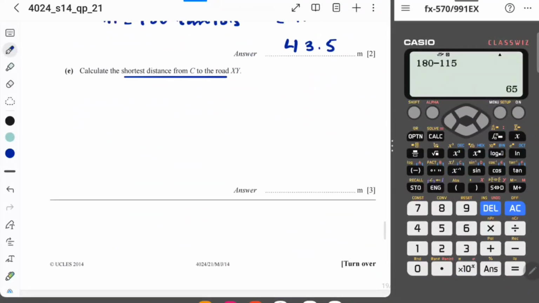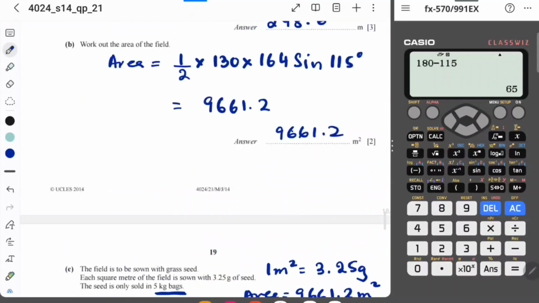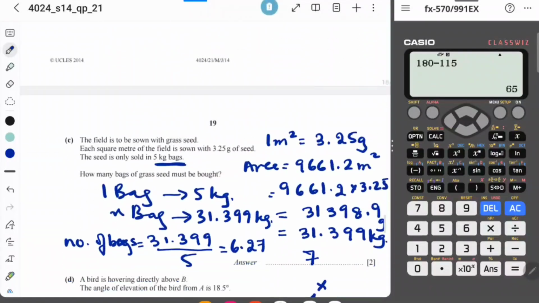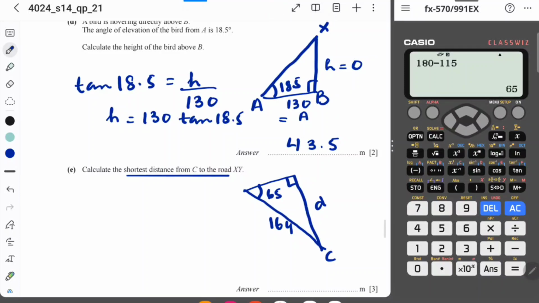So this is the shortest distance from C to the road XY. This is 90 degrees, and this is 65, and this is 164. Let's check it again. So this is 65, 164, and this much shortest distance is required. So you know that this is your opposite side and this is your hypotenuse. Whenever you see SOHCAHTOA, it's coming in sine.